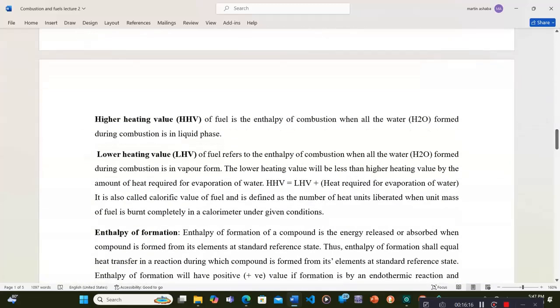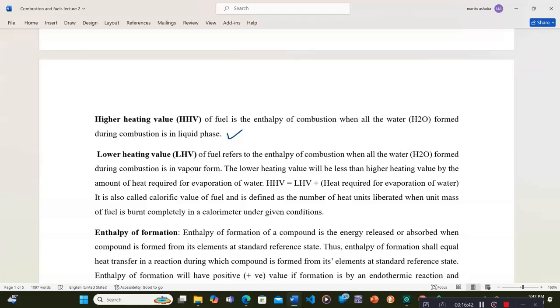A higher heating value is the enthalpy of combustion when all the water formed during combustion is in liquid phase. Then the lower heating value of fuel refers to the enthalpy of combustion when all the water formed during combustion is in vapor form.